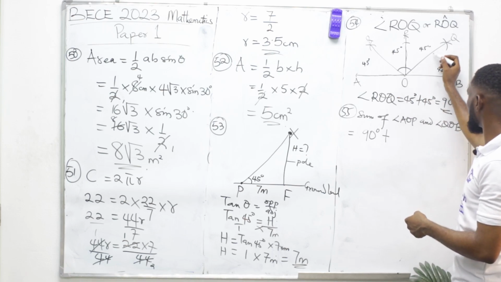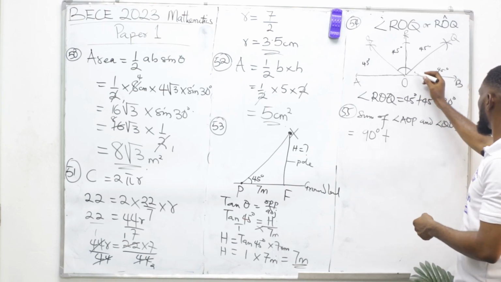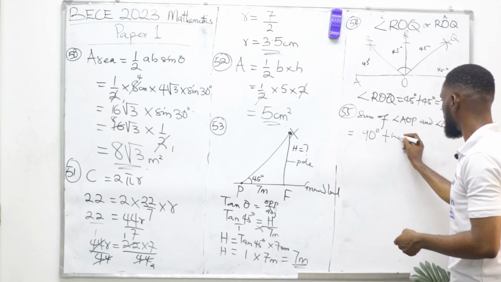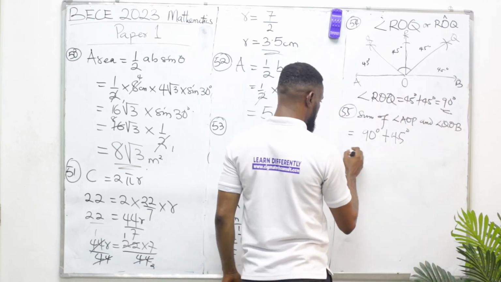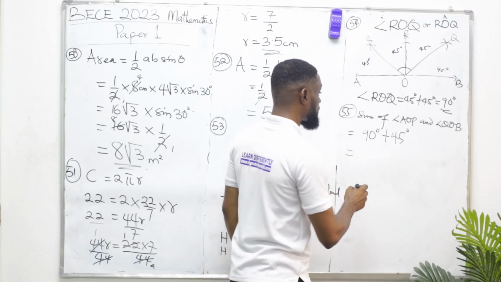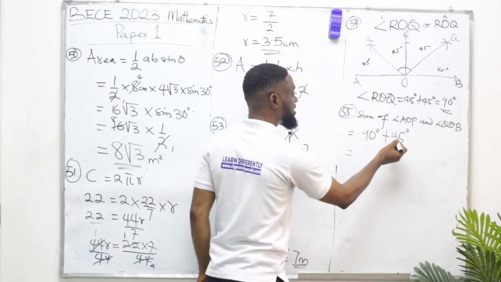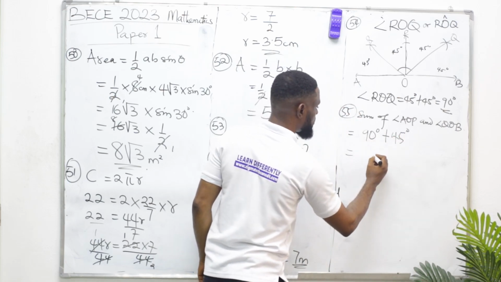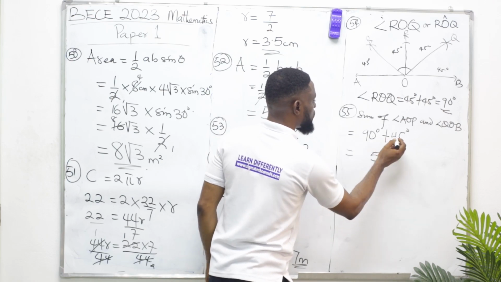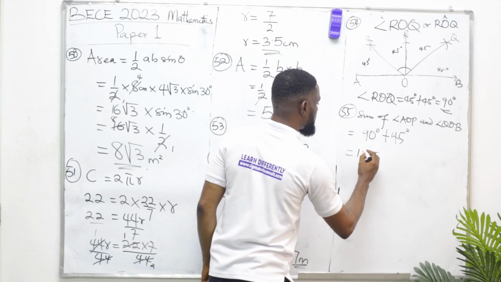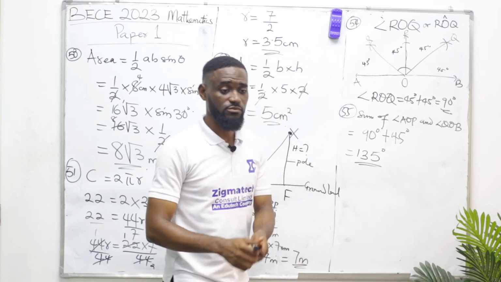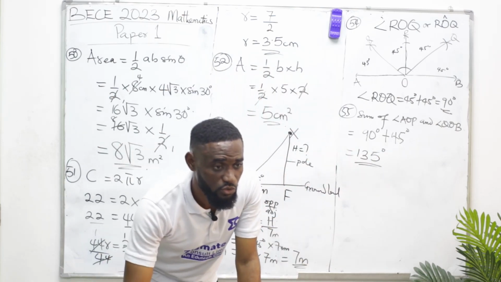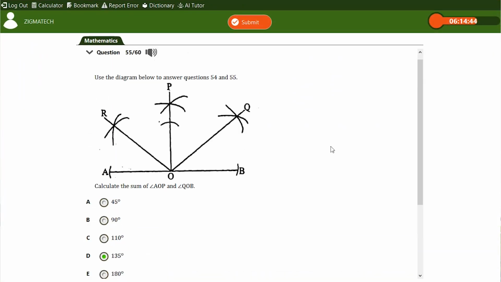So they are talking about just this place. QOB is 45 degrees. So 45 plus 90. 0 plus 5 is 5. 4 plus 9 is 13. So 135 degrees. That is the addition of those two. So 135, we'll have it here. So we'll go to the next one.